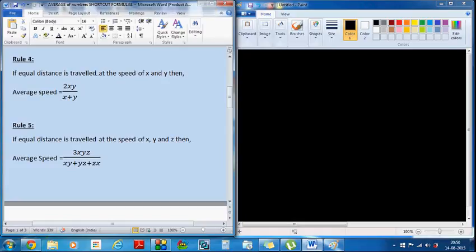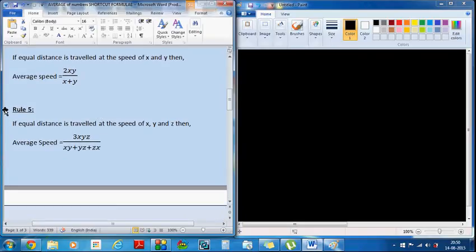Suppose the train covers Howrah to Chennai at x speed, and Chennai to Howrah at y speed. Since the distance is the same, in this type of problem we can calculate average speed equal to 2xy by x plus y.